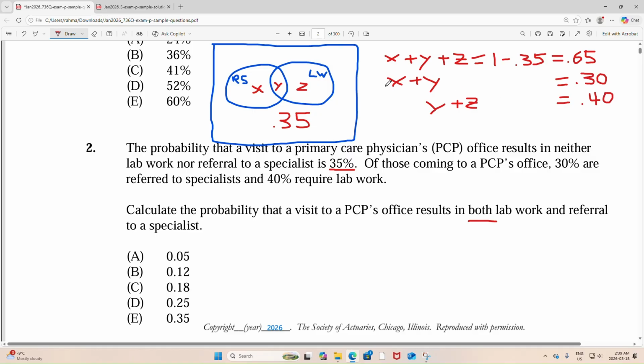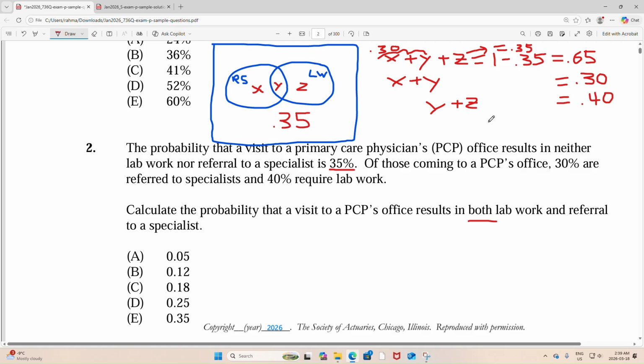Okay, so if X and Y is 30%, that means here is just 30%. So what do we have? We have 30% plus Z equals 65%. So that means that the Z is equal to 35%.